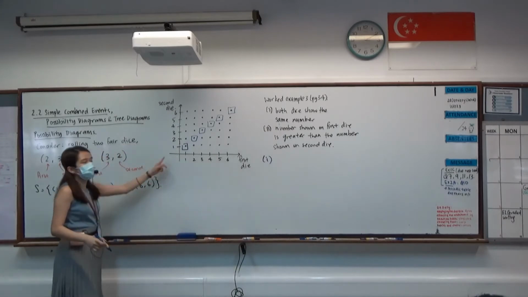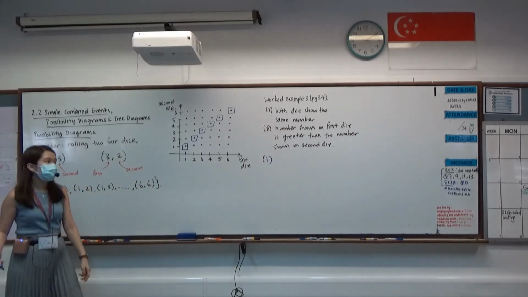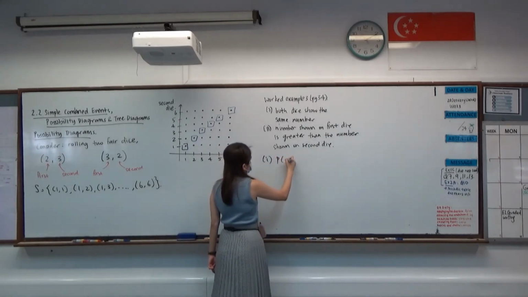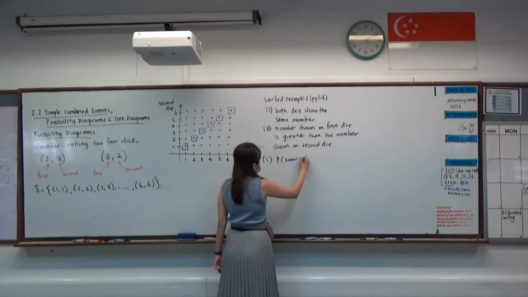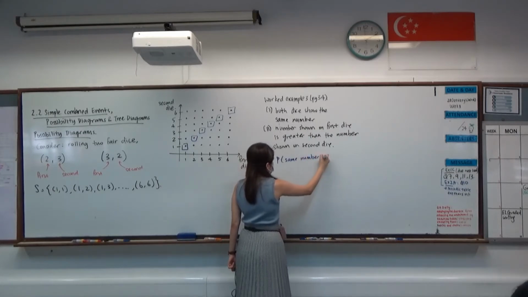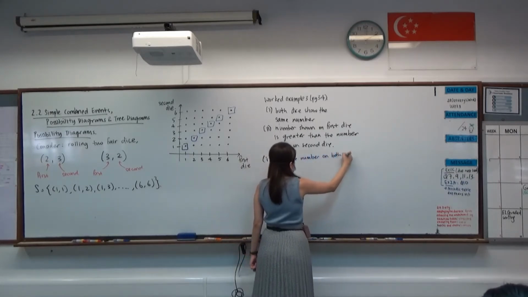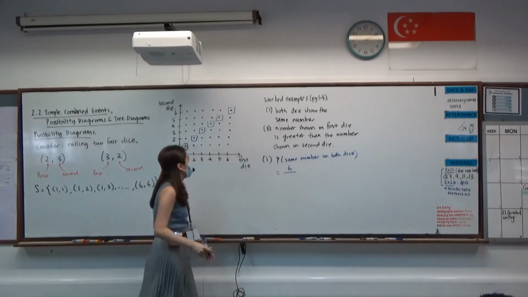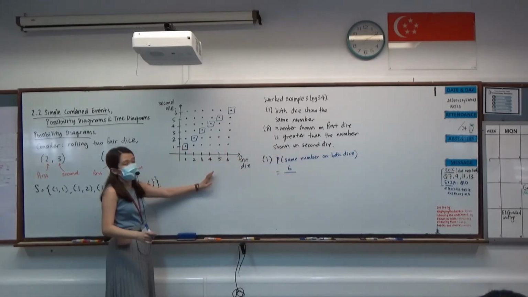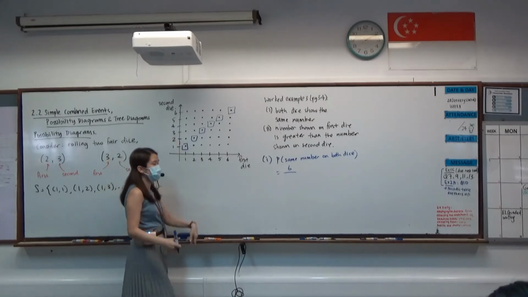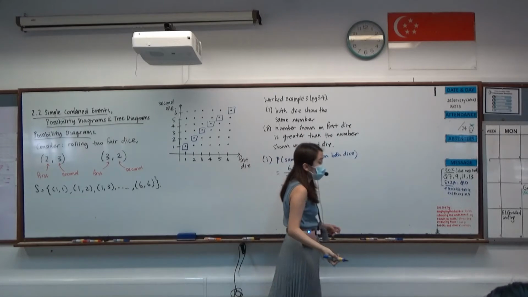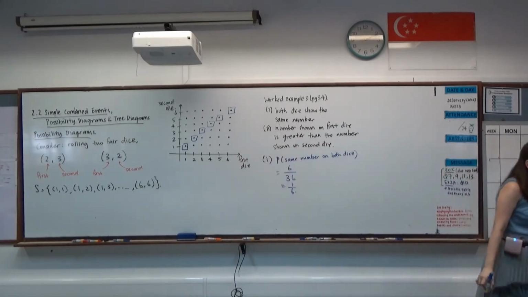Noticing that there are 6 favorable outcomes for the event, and the fact that there are 36 dots, because 6 times 6 is 36, I will be able to get the probability of 1/6.